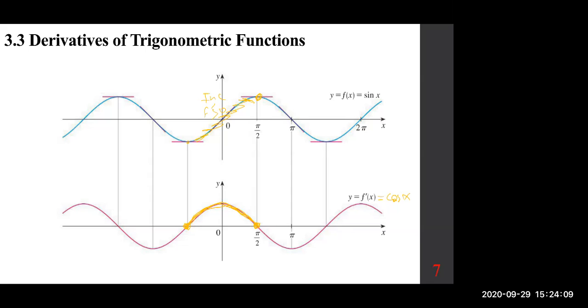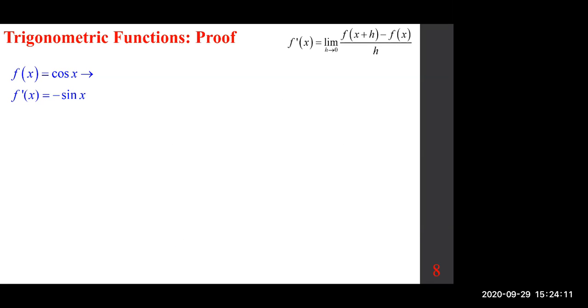All right. Having said that, let's look at the proof for cosine, everybody. Again, we are going to look at the definition and use that. So we are going to plug in and we get cosine of x plus h at top minus cosine x over h. That is the limit that we need to look at.